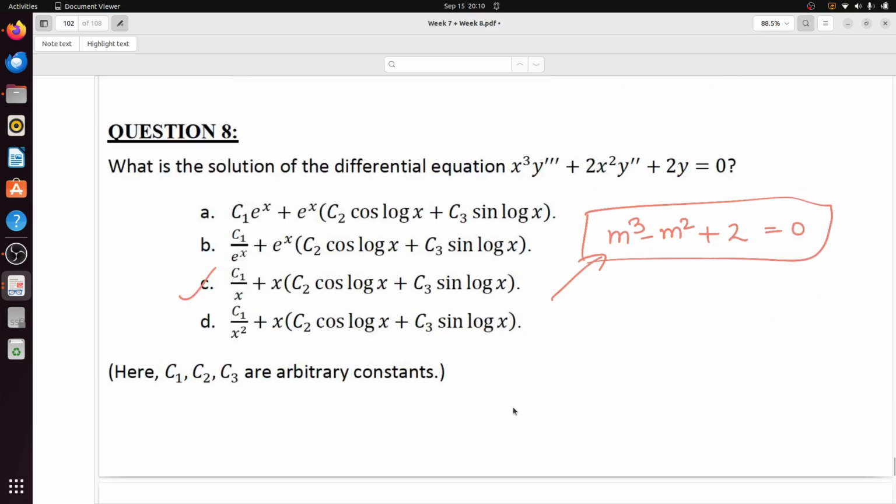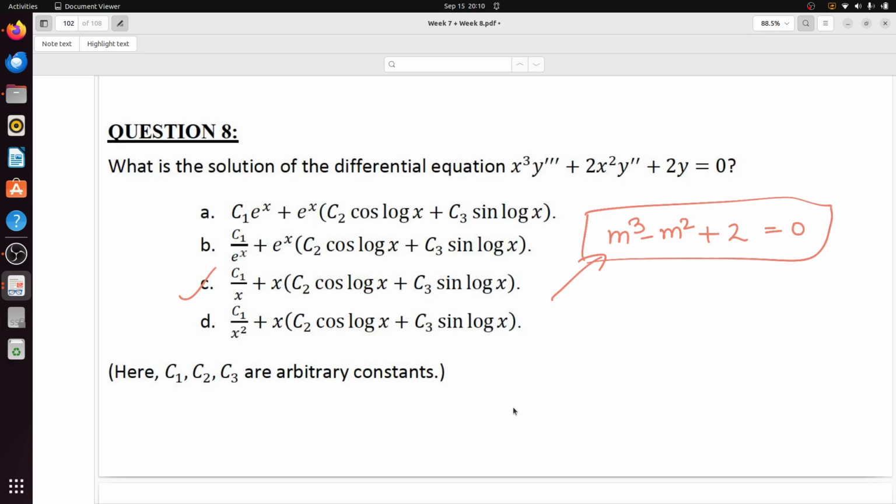Okay, so what is the solution of the differential equation x cube y triple prime plus 2x squared y double prime plus 2y? So this is once again a Euler-Cauchy type differential equation, right?